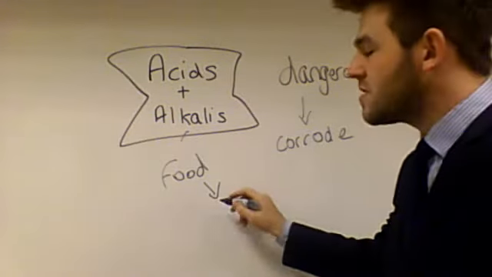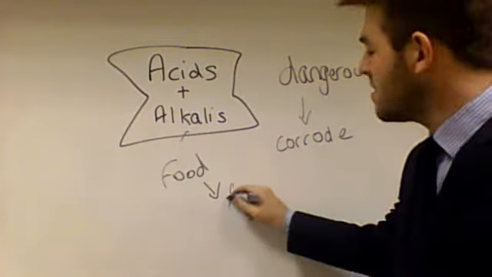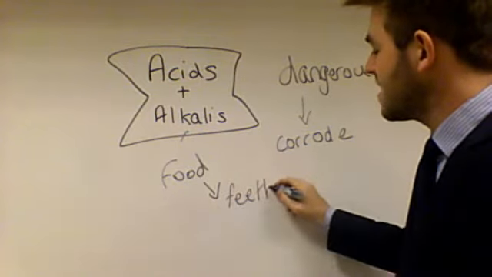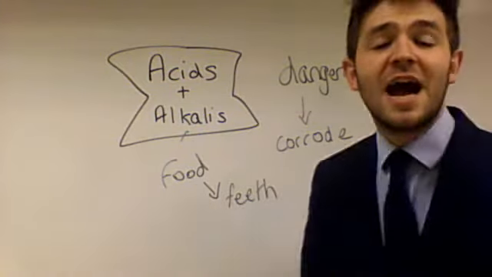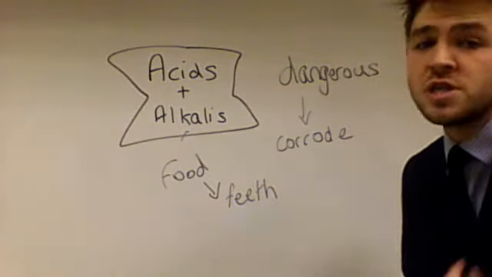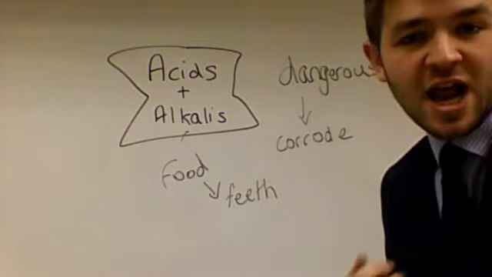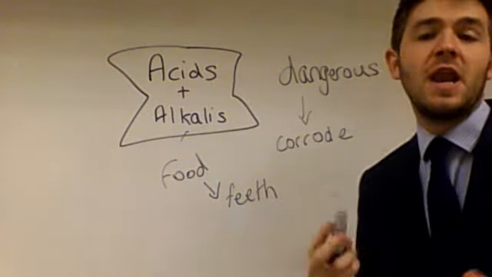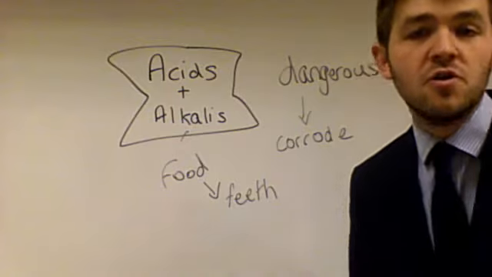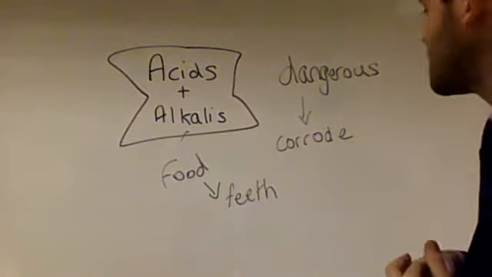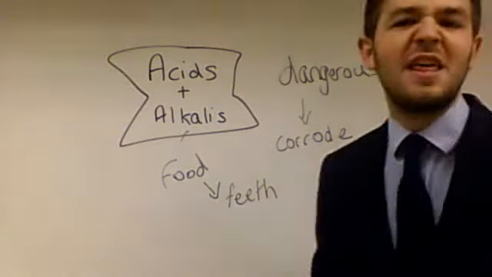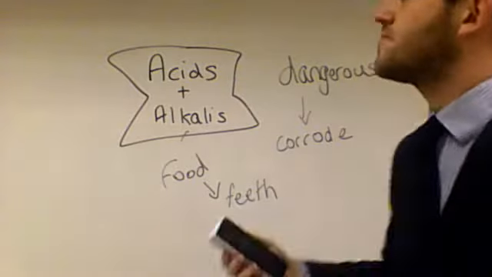And lots of food can also then mean after a long time our teeth can get damaged. So protecting our teeth is something very important as well. We need to make sure that we moderate how much acid goes into our teeth, or limit how often we have acid on our teeth. Don't have too many fizzy drinks or snacks, for example.